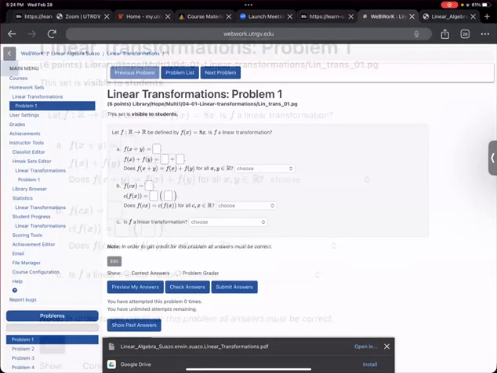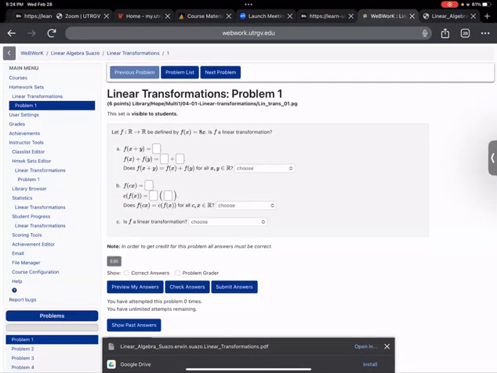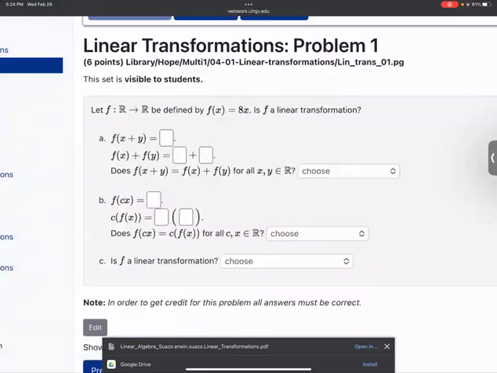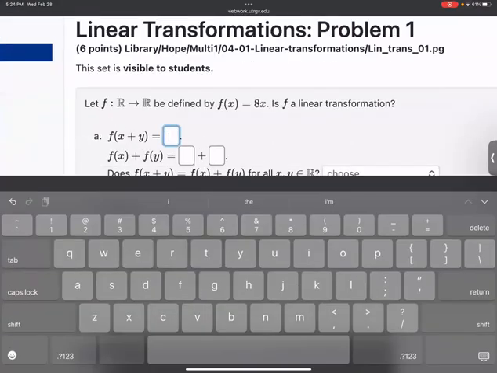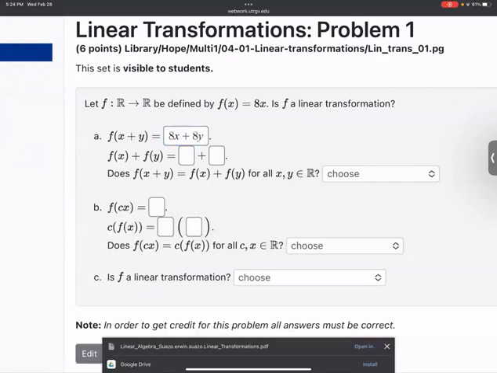So it says, what is f of x plus y? You can write Ax plus Ay, right? And now, what is f of x? Ax, correct.